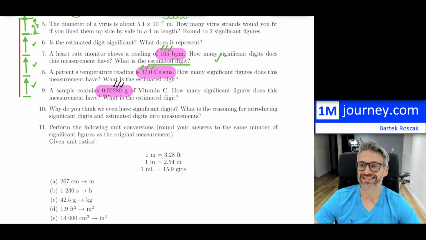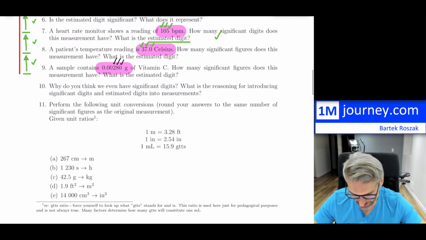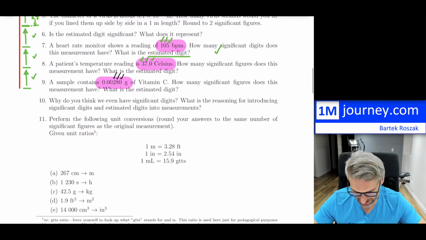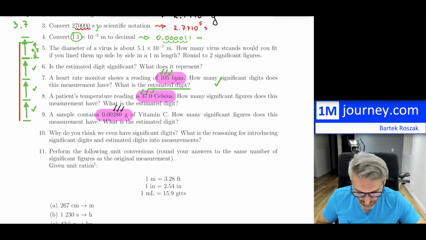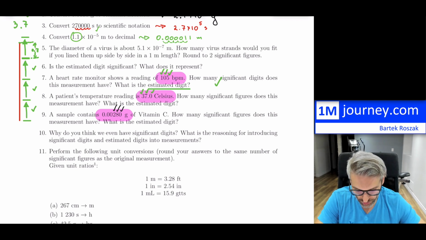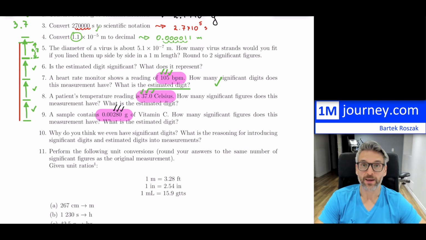Question number 10. Why do you think we even have significant digits? What is the reasoning for introducing significant digits and estimated digits into measurement? Well, this actually goes back to question number 6 and the explanation there. The reason is because our measuring tools are not perfect.